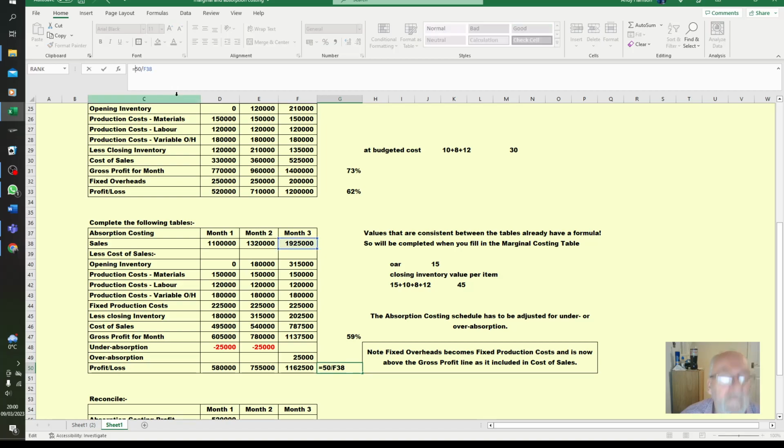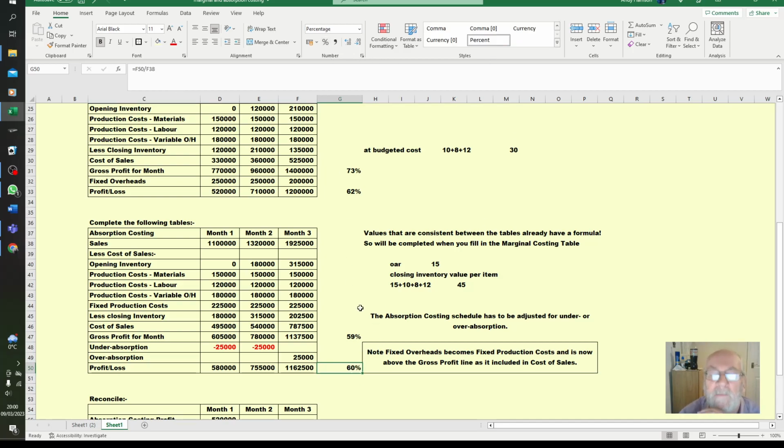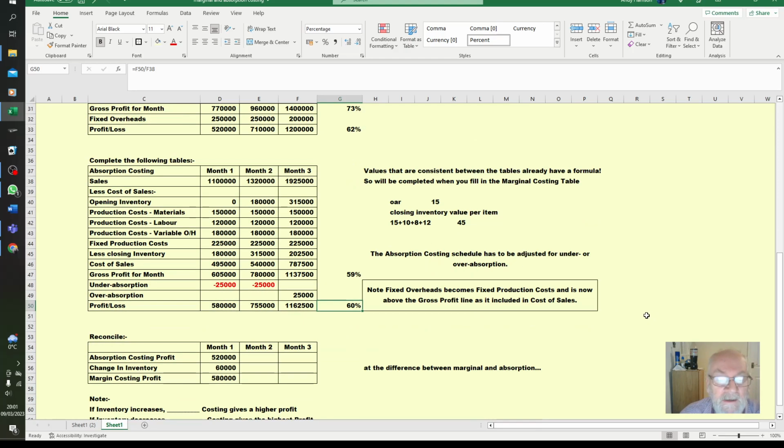What have I done? 50. Missed the F's. And that's actually formatted as a percentage. So I'll click that button. And that was month 3 when of course we made less money. So you see a big difference. Not so much the overall one because it's gone 62 to 60. But the biggest difference is in the gross profit margin, which unless you knew what was happening, you'd argue about it.